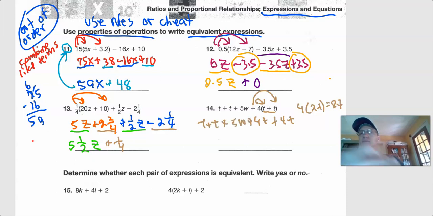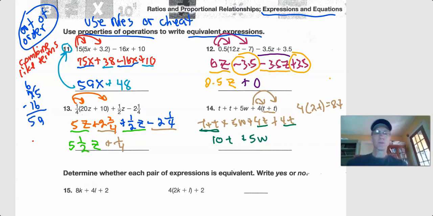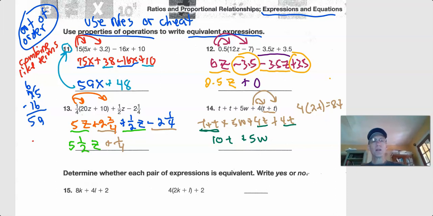So what are you going to do? Just combine all this stuff together. Super easy. Let's do the t's. T plus t, 4t, and 4t, right? Well, 4 and 4 is 8. And over here, 9, 10. So we have 10t. And then all you have left is plus 5w. So that works just fine. Works great.